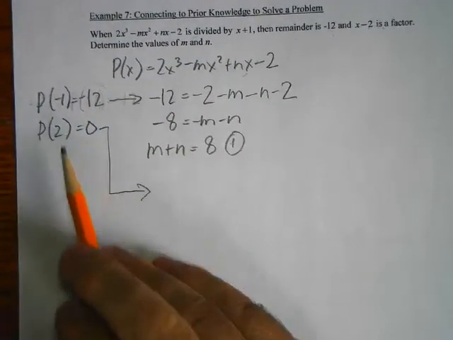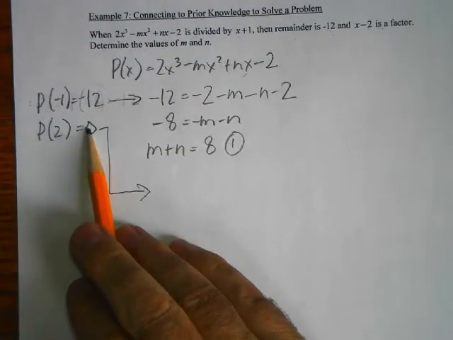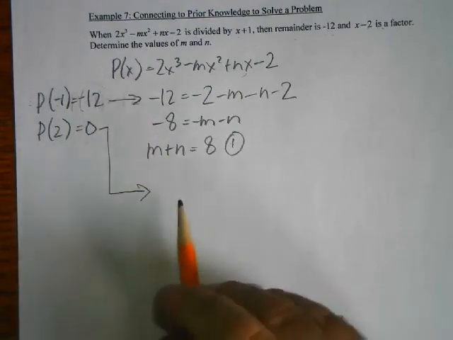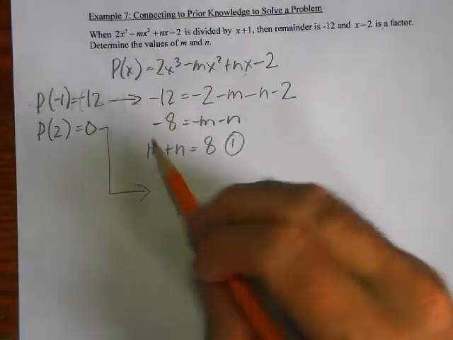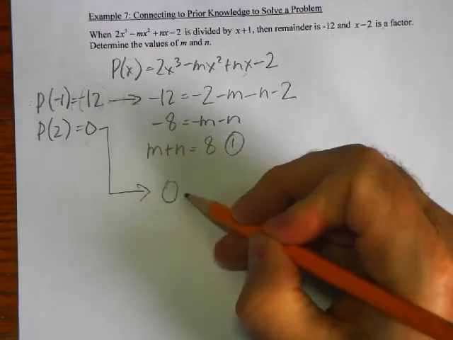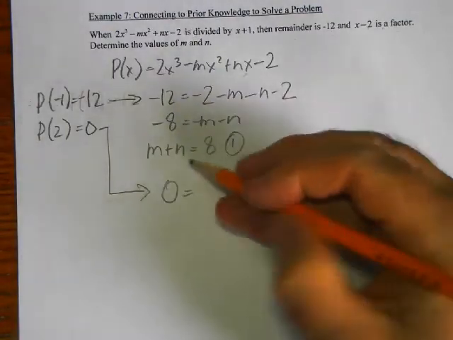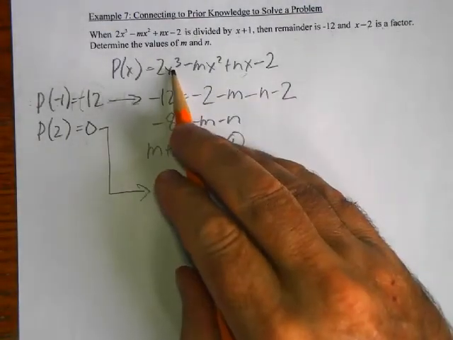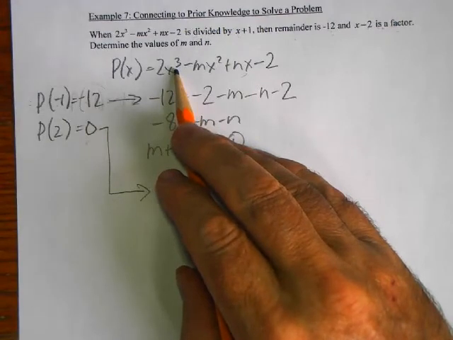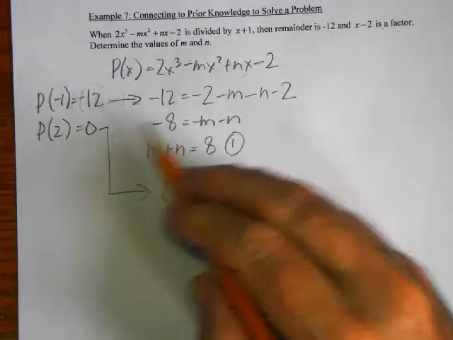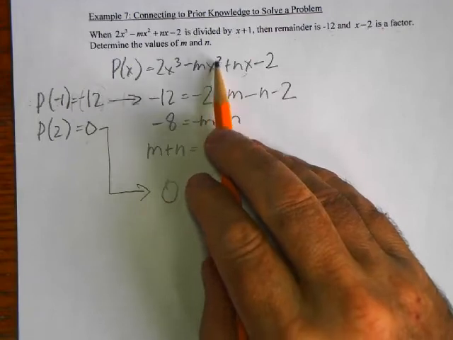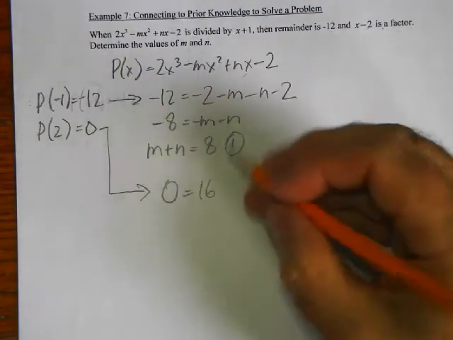Now we're going to plug in 2 for x, and we know that the result is 0. So that's my p of x is 0. And now we plug in 2 into here, so that's 2 times 2 cubed, so that's 16. Plug in a 2 here, that's 4, so that's minus 4m.